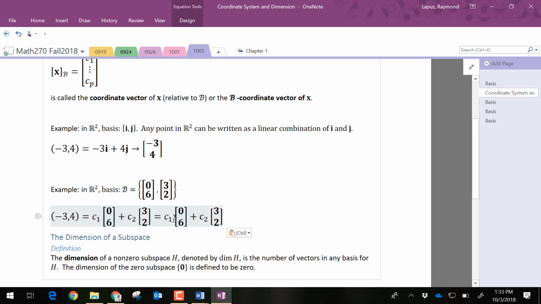Normally we would have to solve for C1 and C2 and set it equal to -3, 4. But what's C1 equal to? And what's C2 equal to?